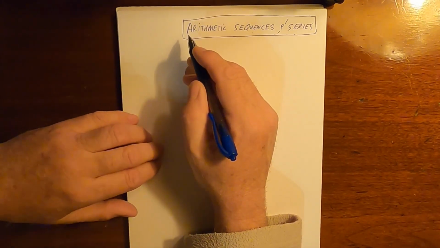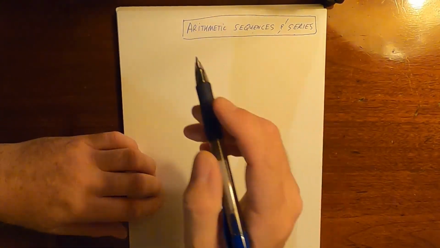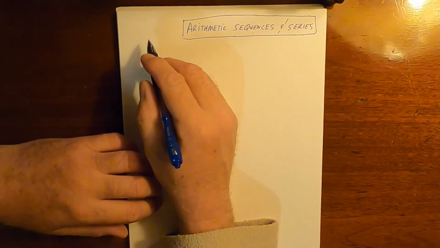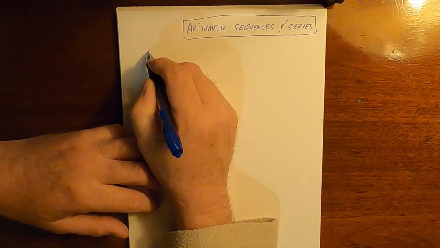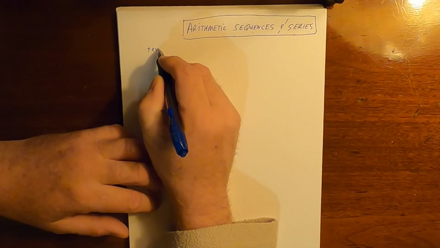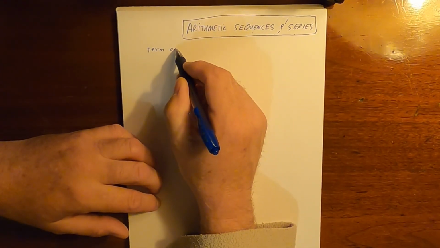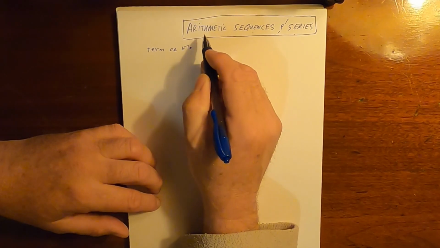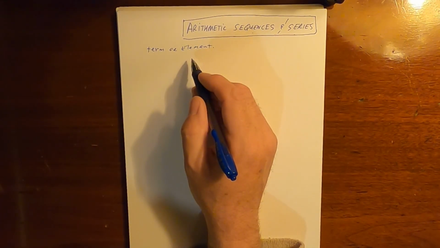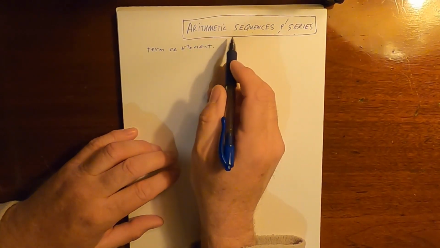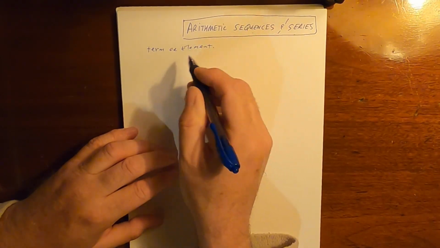One of the things we're going to see with this is we talked last time about terms, in an earlier video. Terms, or elements, are the numbers in a sequence or a series.